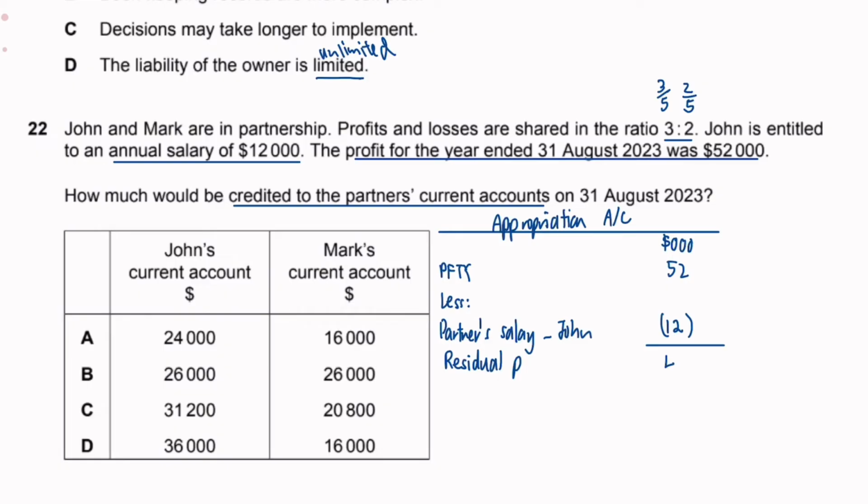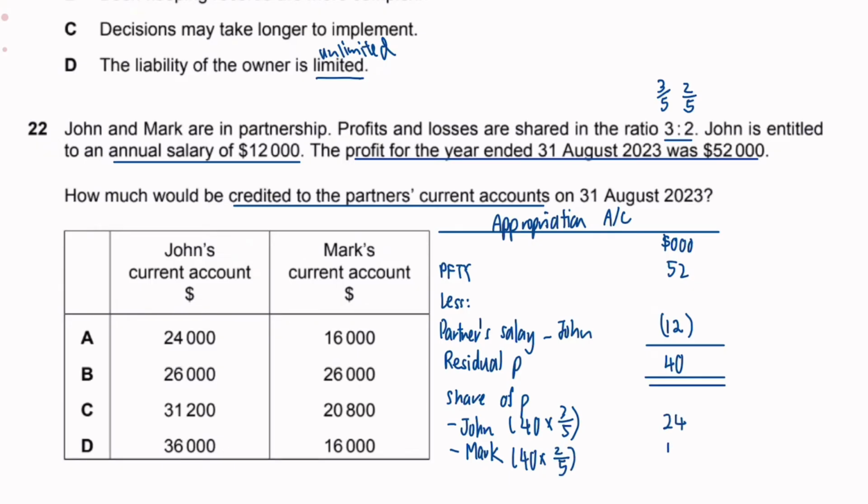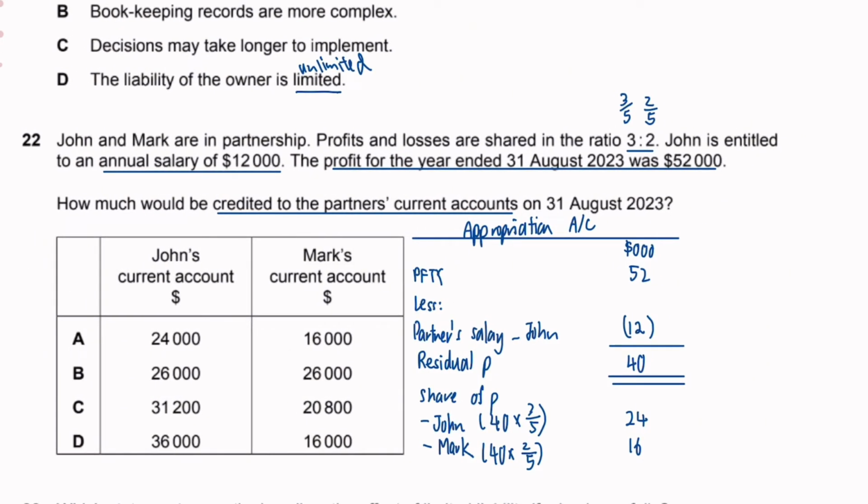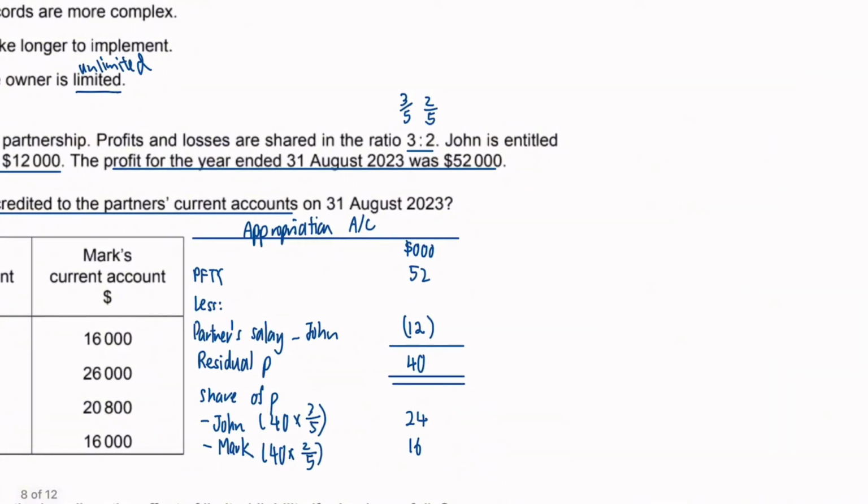You'll get 40. Then remember to do the share of profit. A lot of people will forget to account for this. This is when you use the ratio. So 40 times 3/5 and 40 times 2/5. What would you get? 24 and 16. Once you've calculated your share of profit, then you can open up a current account.